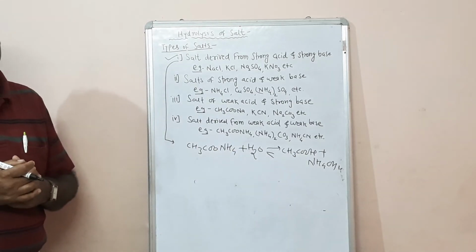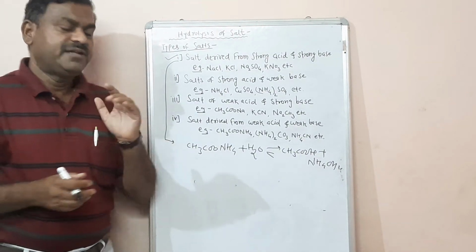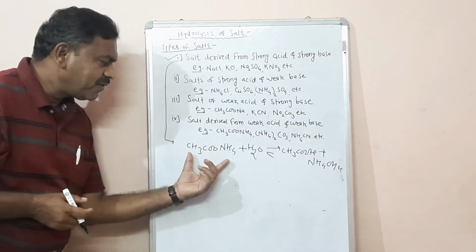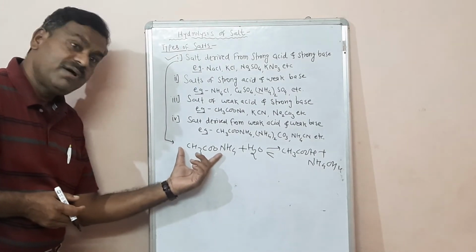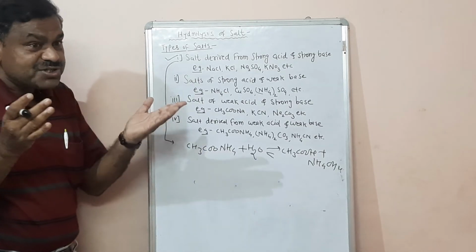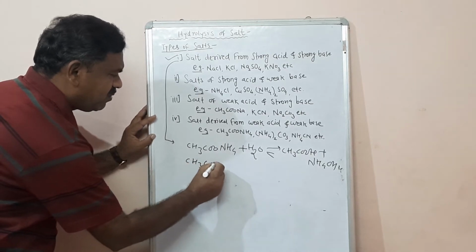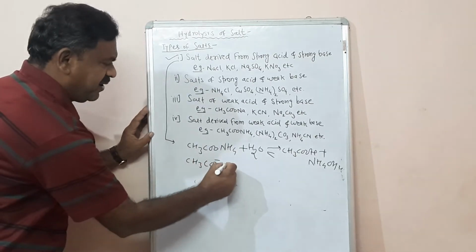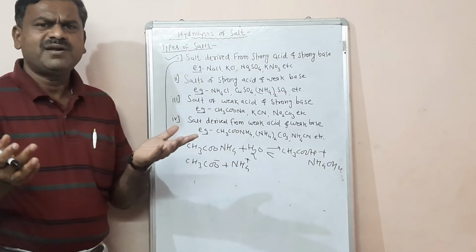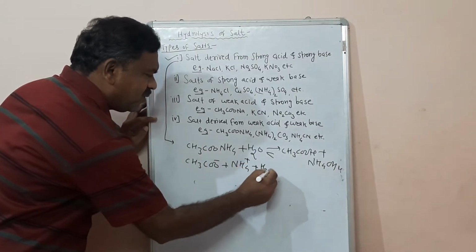Then according to the ionic theory, whenever there is a strong electrolyte, here the strong electrolyte is ammonium acetate. It dissociates, forming CH3COO- plus NH4+ ions, because it is a strong electrolyte, plus H2O.